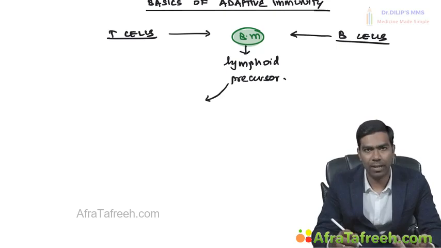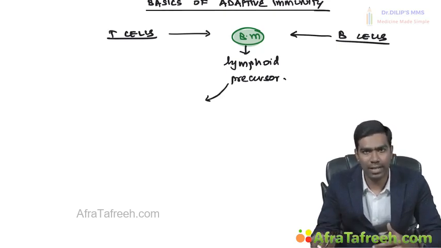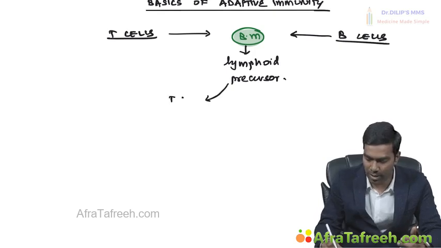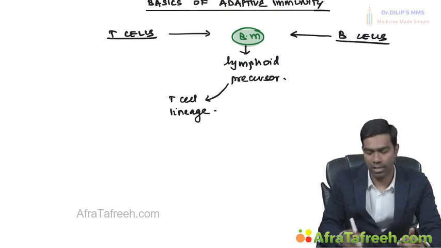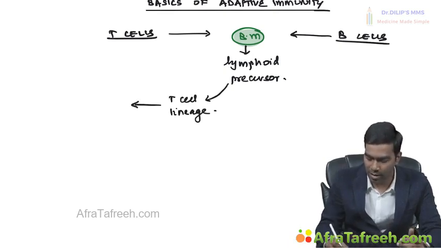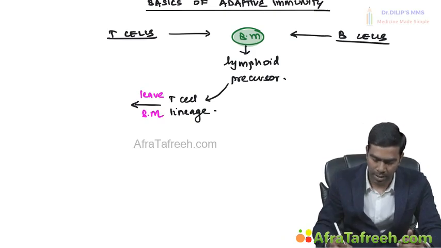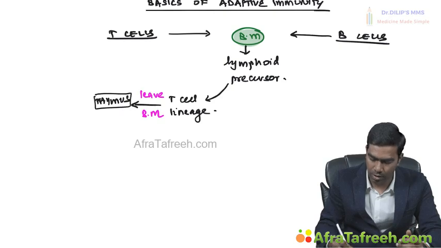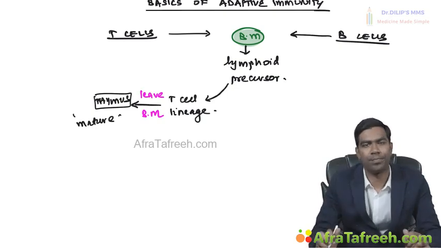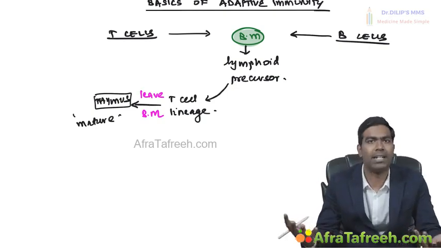Suppose a cell commits into the T cell lineage. It is going to leave the bone marrow. It leaves its home and enters an organ called the thymus, where it is going to mature and get educated, and become a complete T cell.